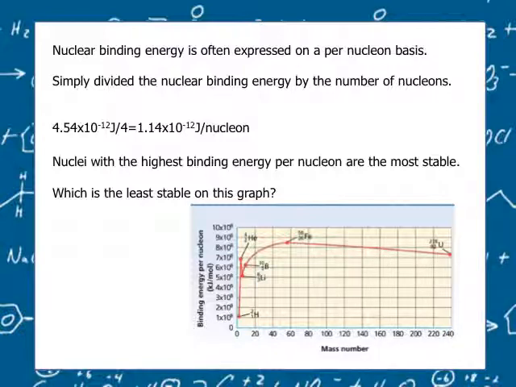I want to do one more example here from start to finish so you can see it, and then wrap up this segment. For this example, I'm going to use beryllium-9. The first thing I need to do is find my number of protons, neutrons, and electrons, and multiply by their respective particle weights.